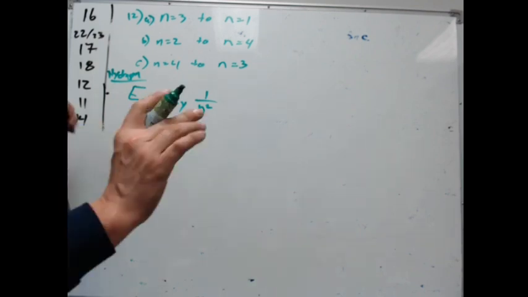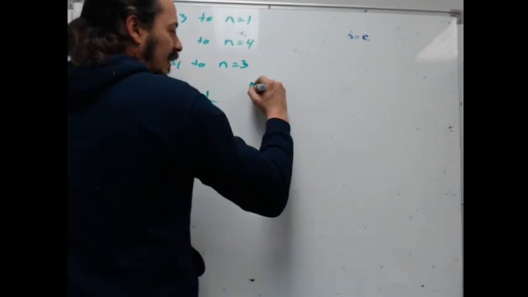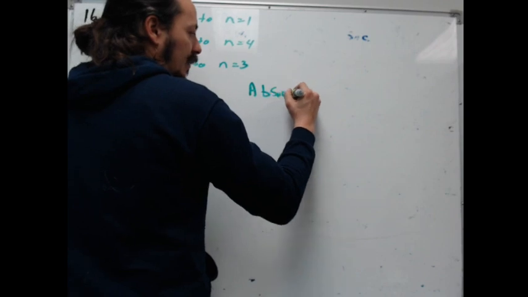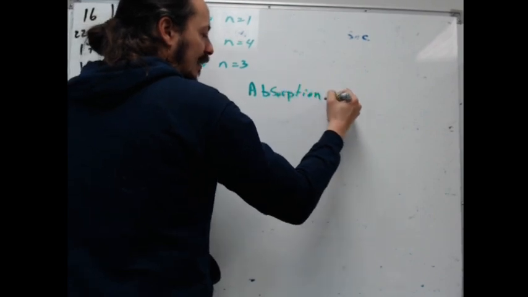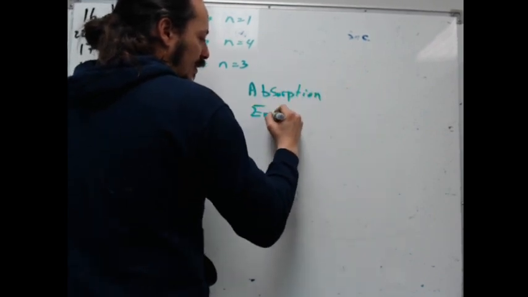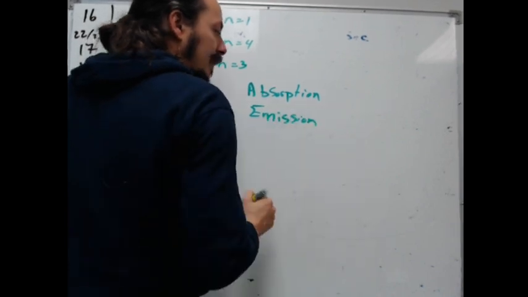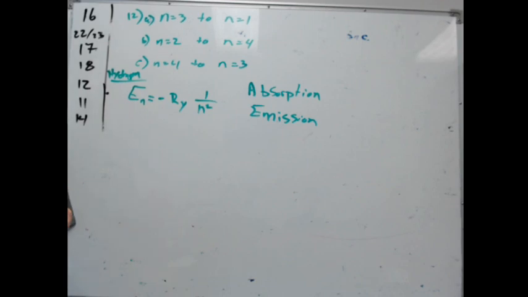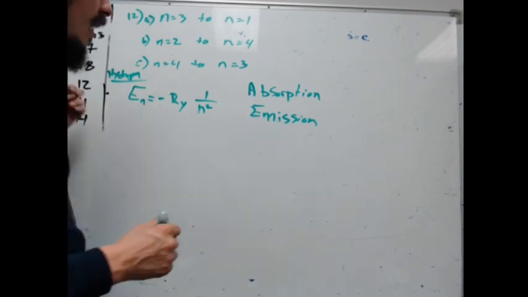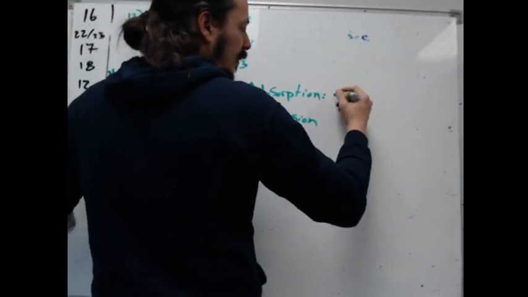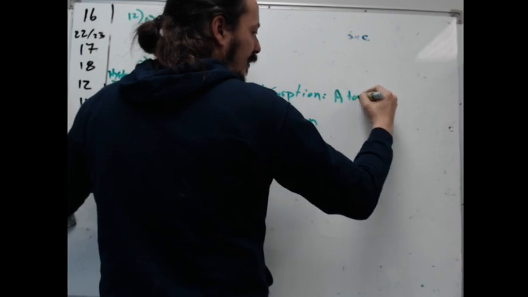So the part that's reading is the definition of, we talked about this in class as well, the definitional difference between absorption and emission. Absorption was the atom gains energy.